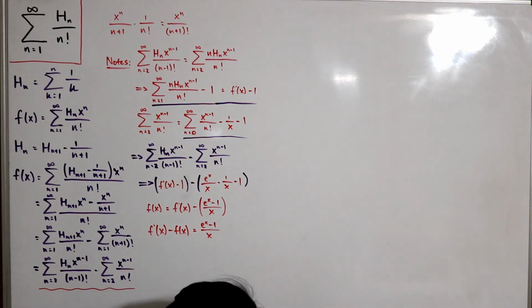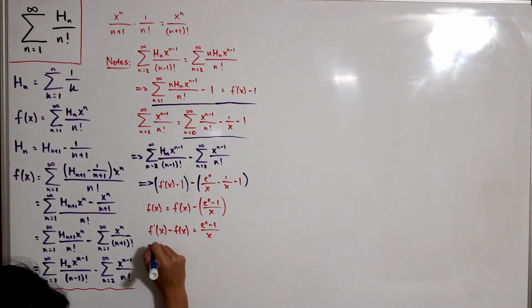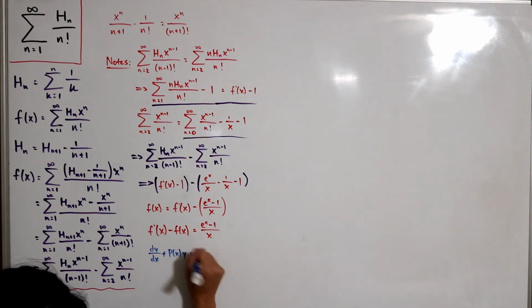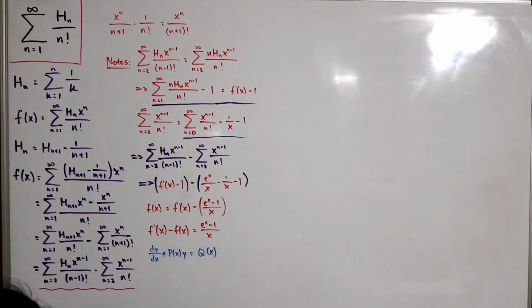The standard formula for a linear equation is defined as dy over dx, plus some function p of x times y, and that's just equal to q of x. So the standard way to solve this is you want to find your integrating factor, which is just e to the power of the integral of your p of x, and then substitute that back in, and then you'll see that it forms the derivative of a product.